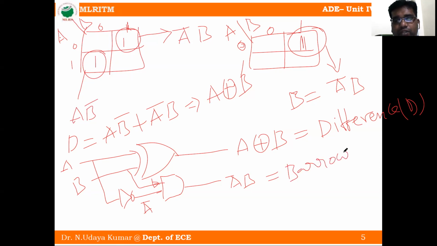A bar B is equal to borrow or B. So this is called a half subtractor. We are subtracting bit by bit.